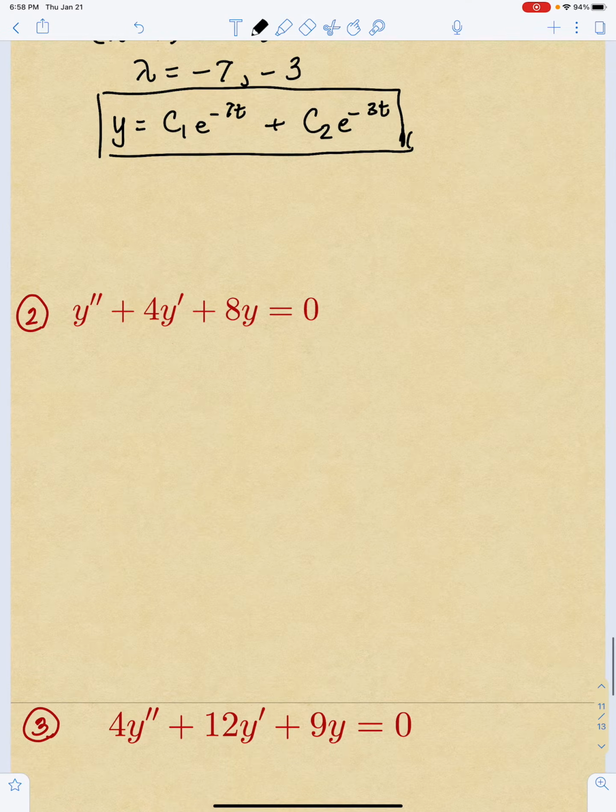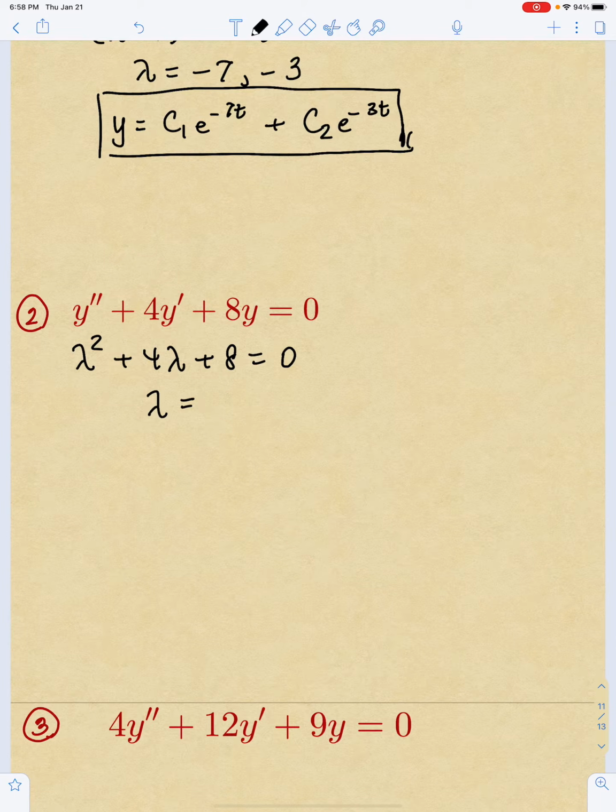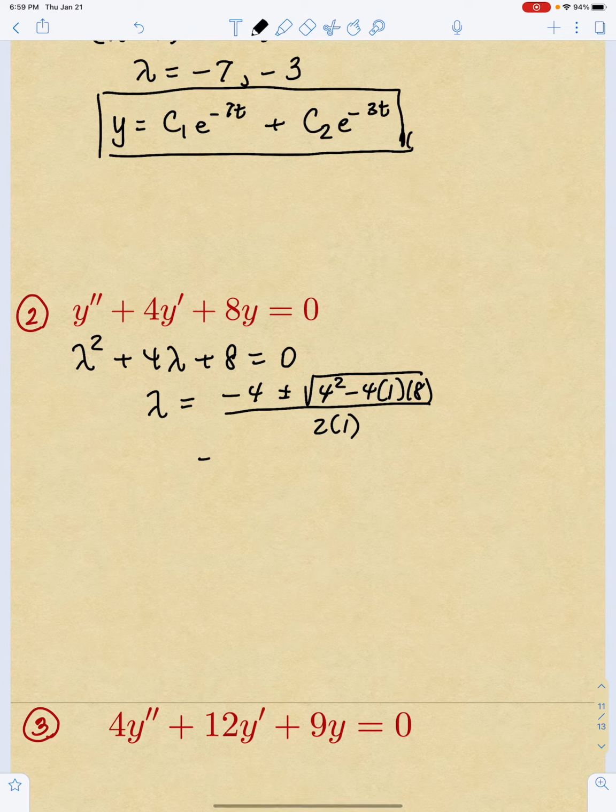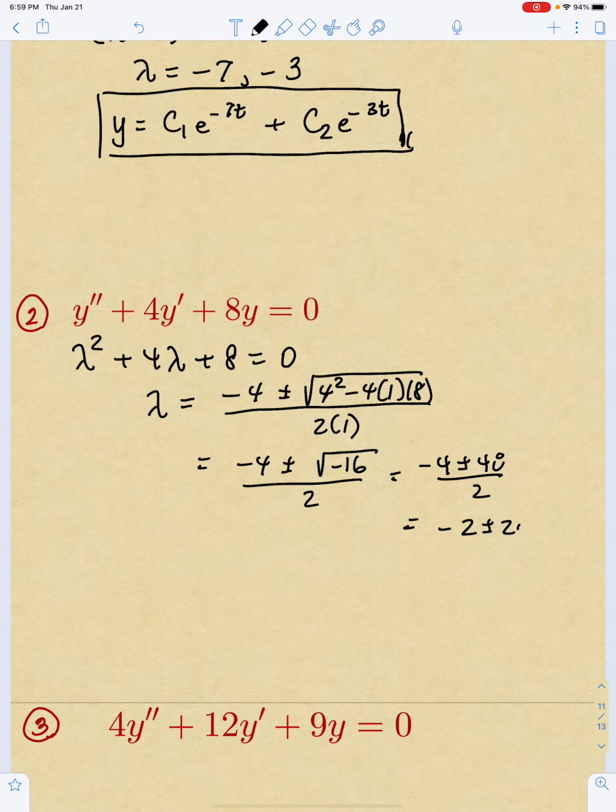So looking at number 2 here. Again, the characteristic equation just follows directly. That's lambda squared plus 4 lambda plus 8 equals 0. Now we might have to use the quadratic formula there because this doesn't factor. So we'll say lambda is equal to -b plus or minus square root b squared minus 4ac all over 2a, which turns out to be -4 plus or minus the square root of -16 all over 2, which is -4 plus or minus 4i over 2, which is -2 plus or minus 2i.